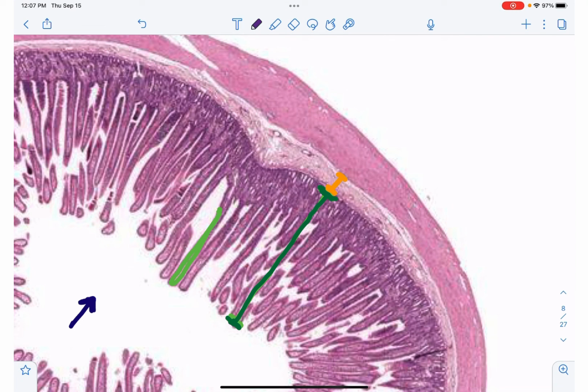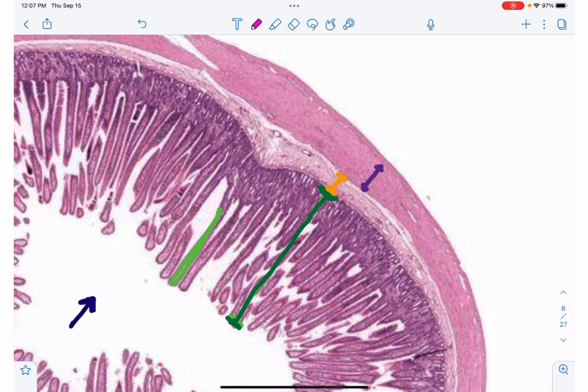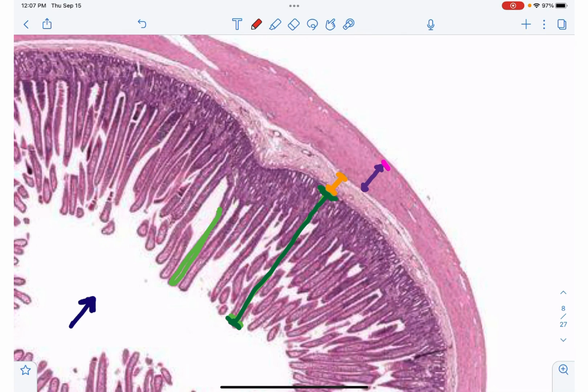It's tough to differentiate the two layers of the muscularis externa in this histology, but that represents the inner circular layer. Then there is a little outer longitudinal layer. So in this case, the inner circular layer is much more pronounced than the outer longitudinal layer. And then again, just this outer lining represents the serosa.